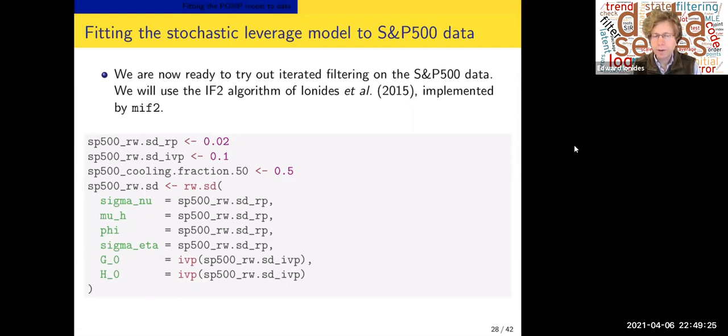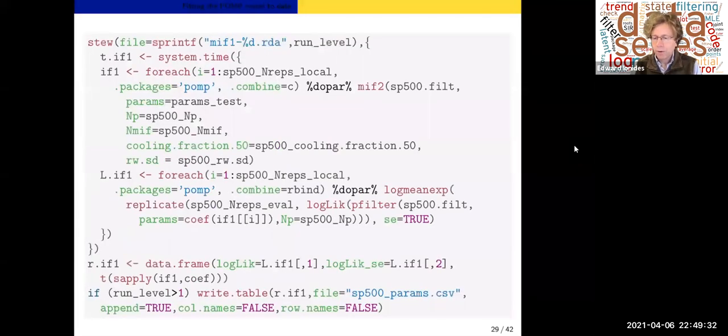Then we're just going to set up the random walk standard deviations according to these values. And we are going to set up a call to the iterative filtering.